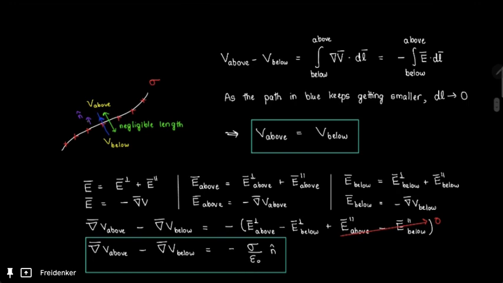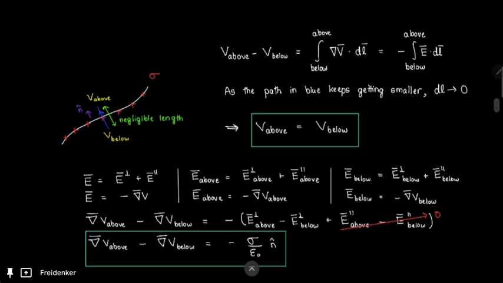And here n cap is just the direction perpendicular to this surface charge distribution. Basically, we can say the direction of this blue line is n cap. Anyways, the same story, V above minus V below, I can write it like this: gradient theorem. This is the gradient theorem, and I know that gradient of V is nothing but minus E bar, fine.